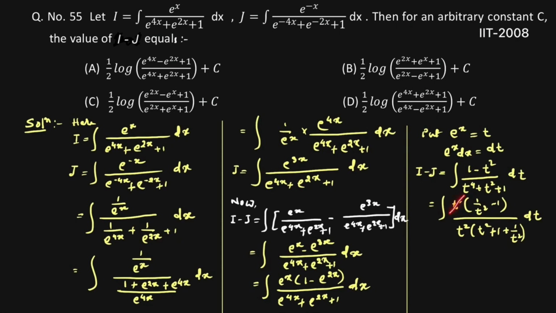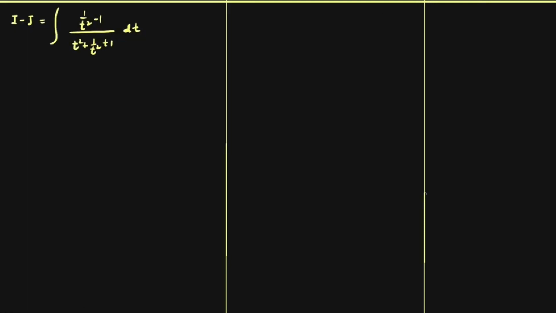Now t square and t square cancel, we will get integration of 1 by t square minus 1 divided by t square plus 1 by t square plus 1 dt. After that we arrange our denominator.